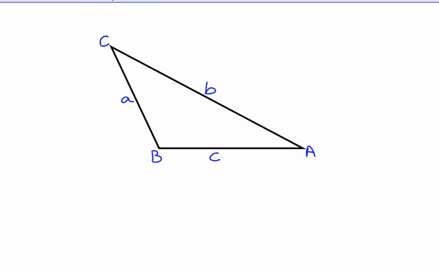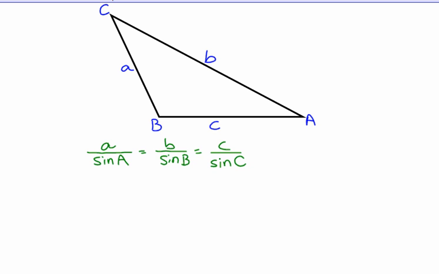it's pretty easy. It looks like this, and we're going to prove it in a moment. A over sine A is equal to side B over sine of B equals C over sine C. And we'd use one of those ratios when we're looking for a side. If we're looking for an angle, then we just flip the ratio.